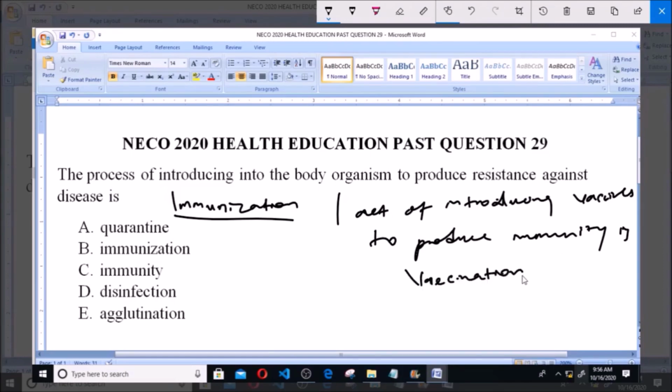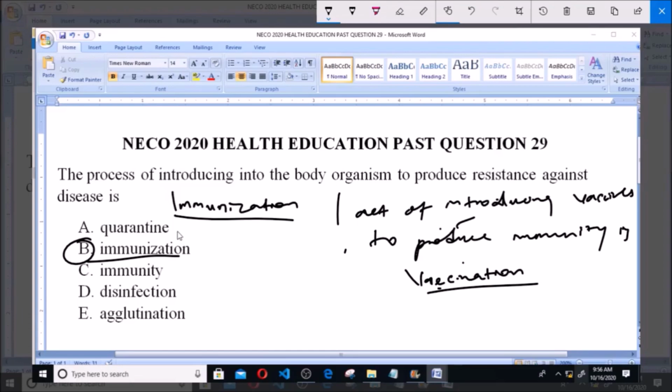Take note, vaccination is the act of introducing these organisms or vaccines to produce immunity against disease, but immunization is the process of vaccination, that is the process of introducing vaccines or these organisms to produce resistance. So immunization is the process, while vaccination is the act. Therefore the answer to this question is option B, immunization.